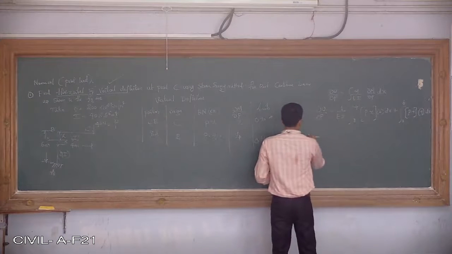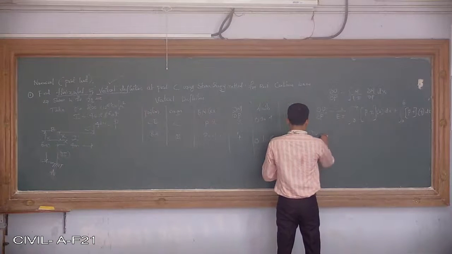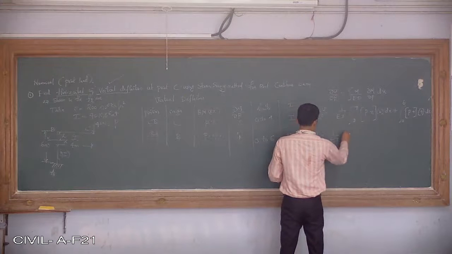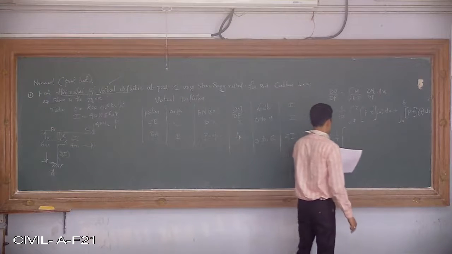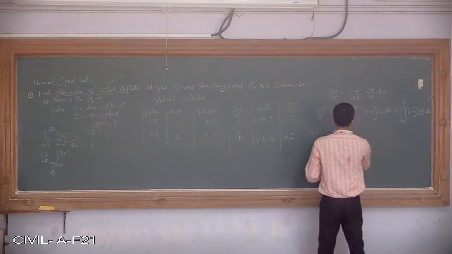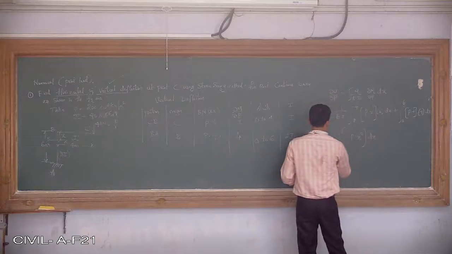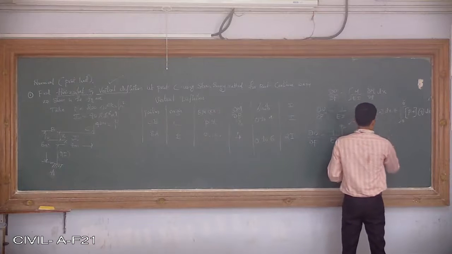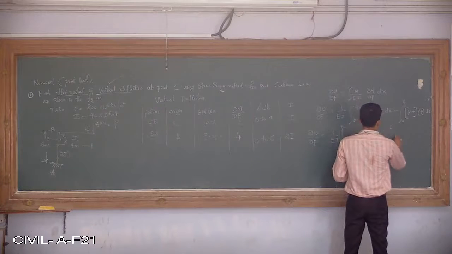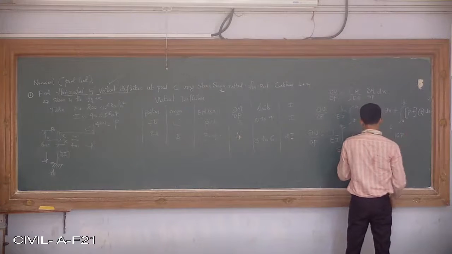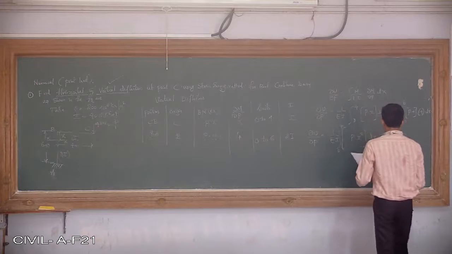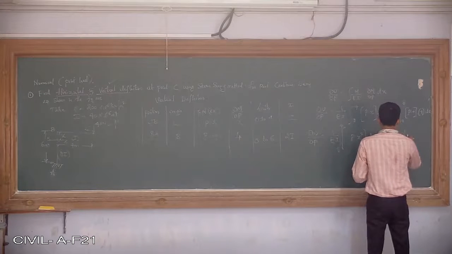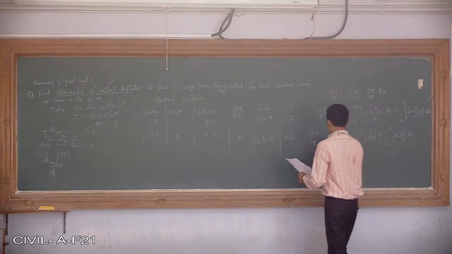So dou U by dou P is equal to 1 by EI, integration of P into X square dx from 0 to 4, plus from 0 to 6, 4 fours are 16P, so 16P dx remains.